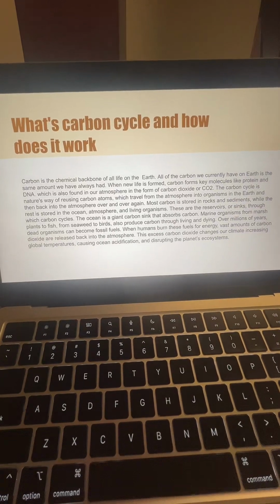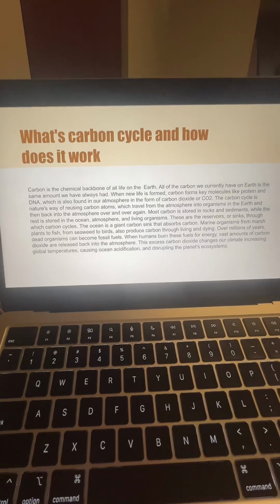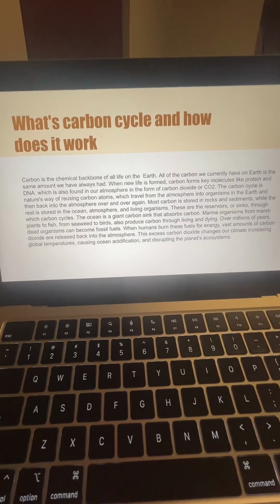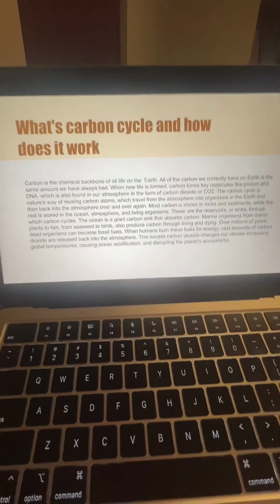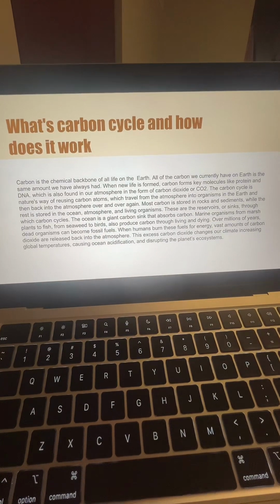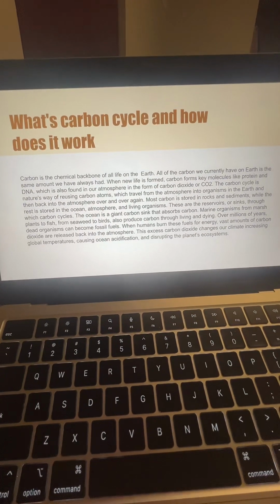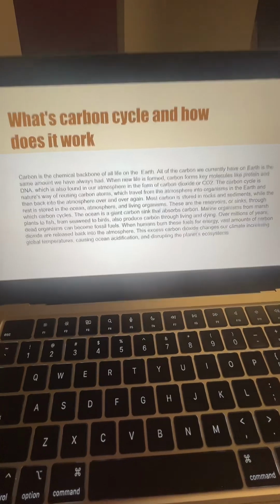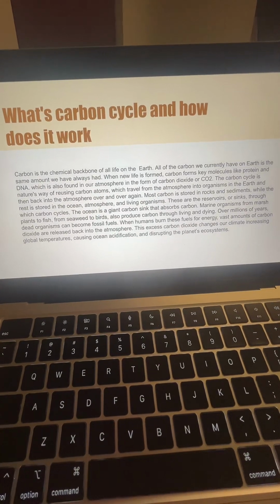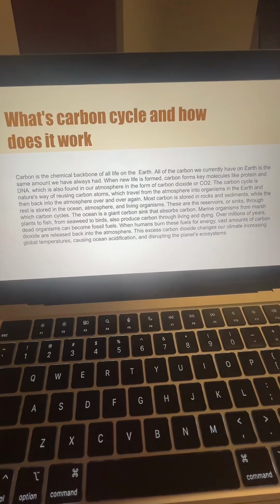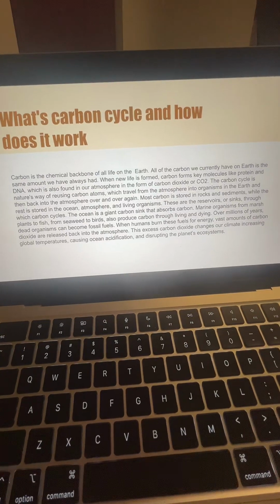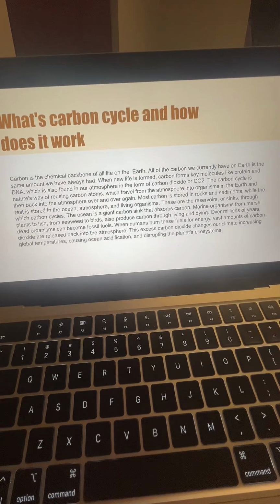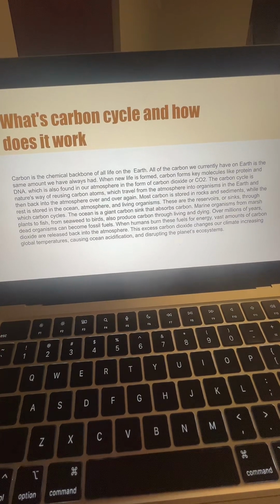Okay, so on the first slide, what is the carbon cycle and how does it work? Carbon is the chemical backbone of all life on Earth. All of the carbon we currently have on Earth is the same amount we have always had.